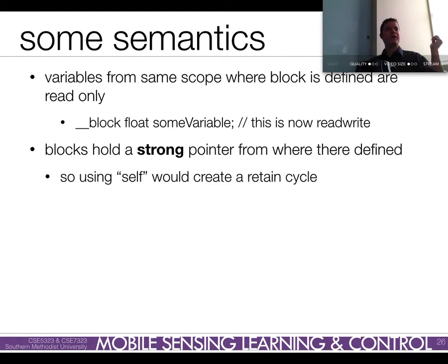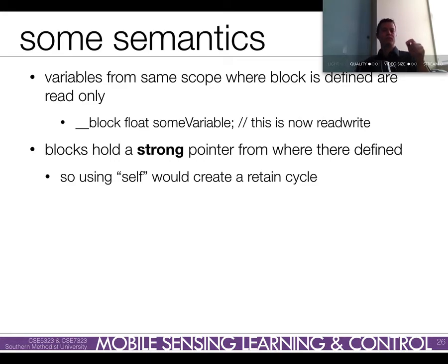Okay, I can get the value x equals 5. Or let's say in my viewDidLoad, I create a variable, and it's float y equals 6. If I declare that block inside of viewDidLoad, I still get access to that variable, wherever that block is used. It could be used anywhere. I still have access to that variable, even though it's defined in the scope of viewDidLoad. Okay? And Objective-C handles all of that for you.